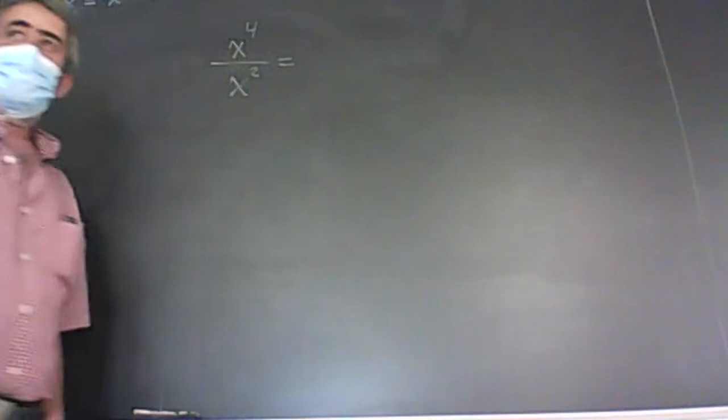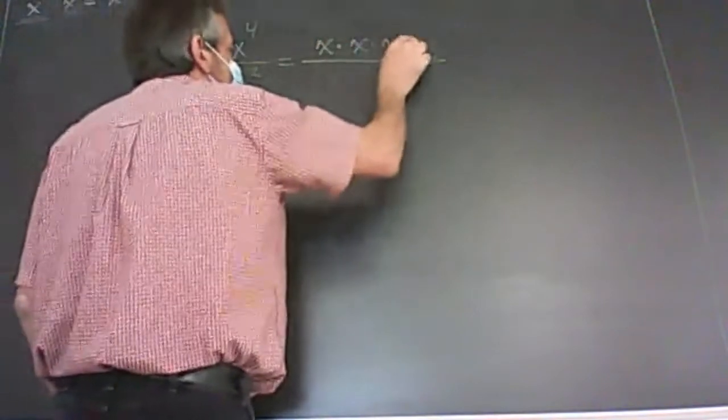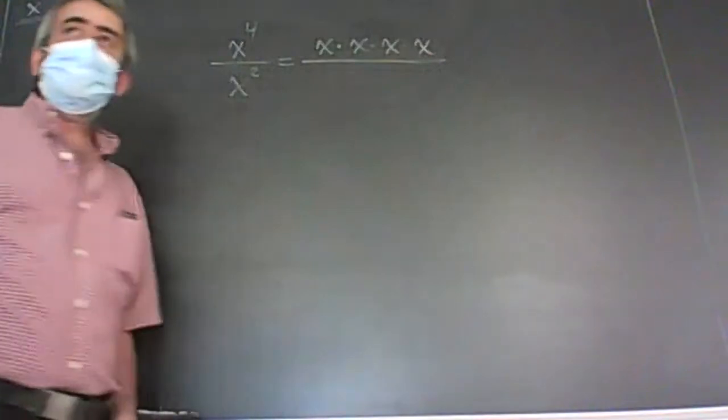Now, consider, say for instance, x to the power 4 divided by x squared. What do we get? Well, again, we're going to do the exponent first. It's x times x times x times x, where x, in this case, we consider to be a non-zero number. It's not 0.